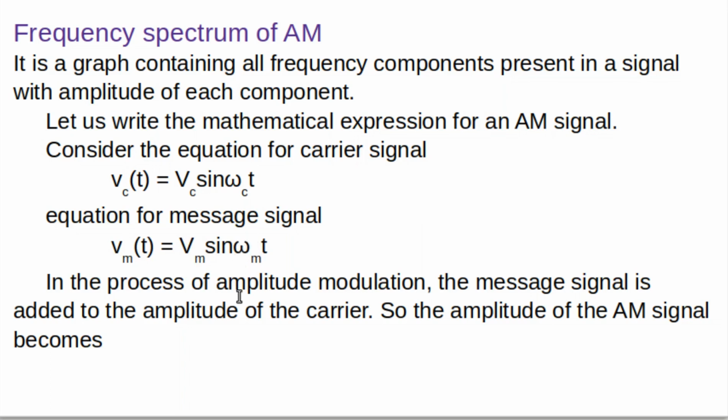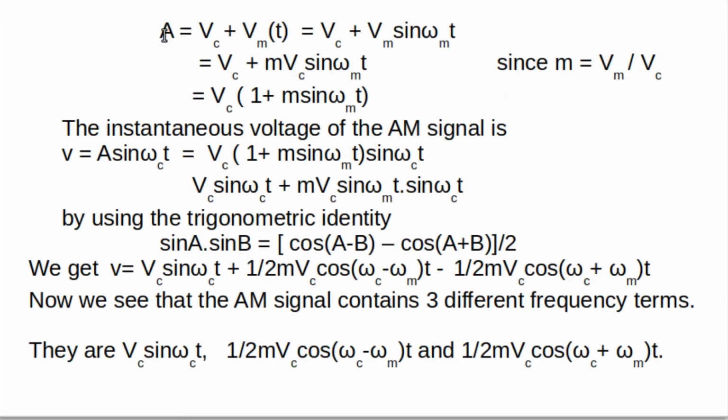We know that in the process of amplitude modulation, the message signal is added to the amplitude of the carrier. This message will be added to the amplitude Vc of the carrier. So when we add this message signal, the amplitude of the carrier changes and it becomes A equal to Vc plus Vm of t.